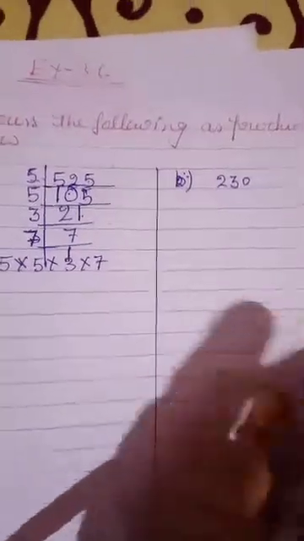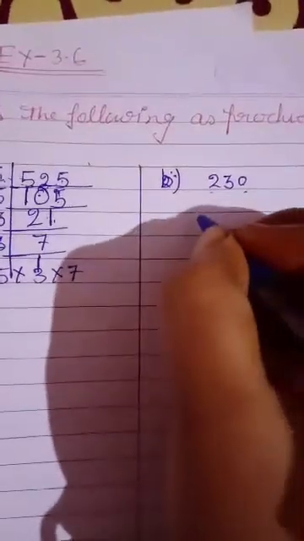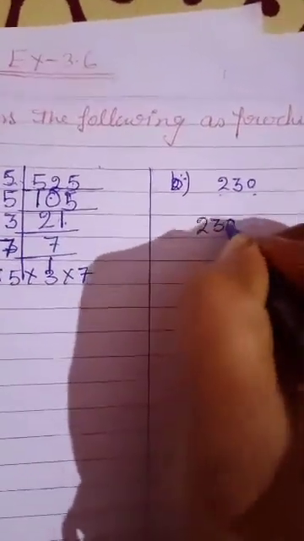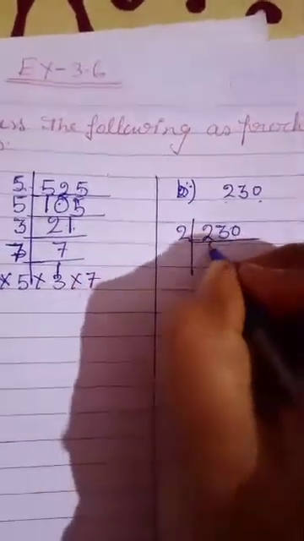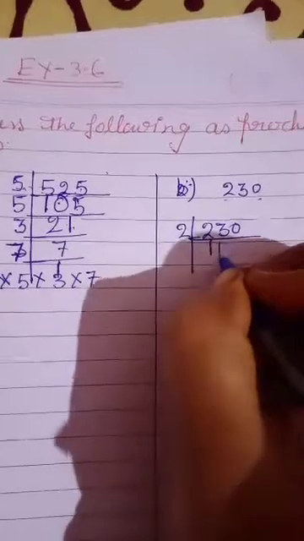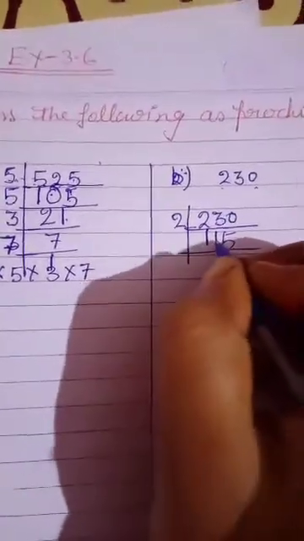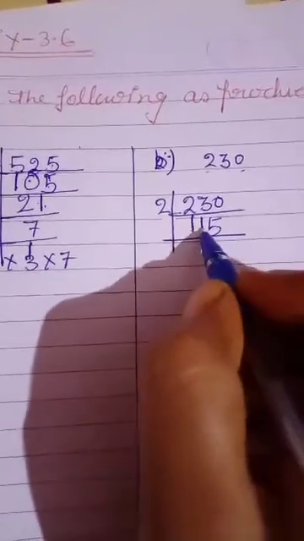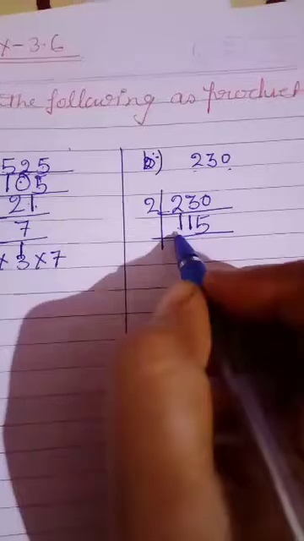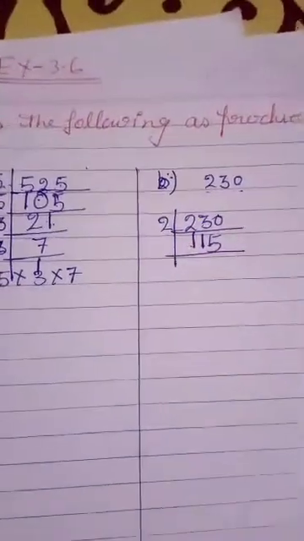One more question I am going to do. See, 230 is given, so do the prime factorization of 230. 2 ones are 2, 2 ones are 2, and 2 fives are 10. Then just see by which number it can be divisible.